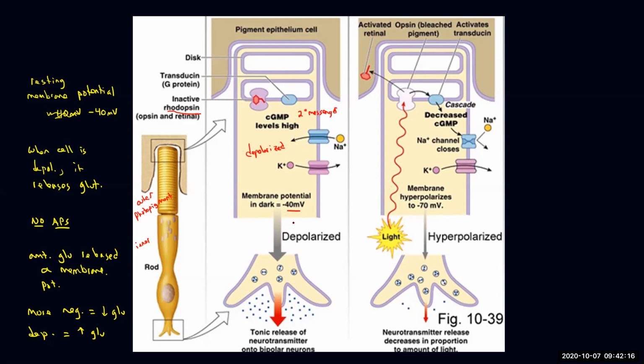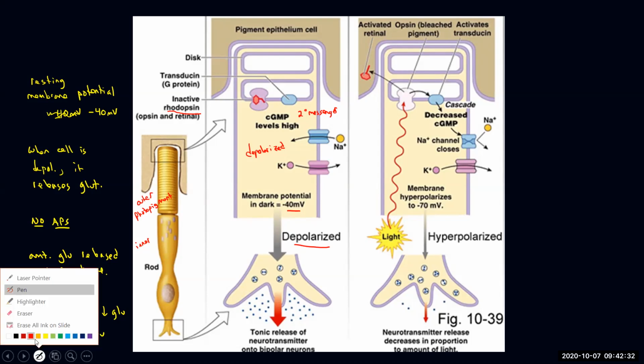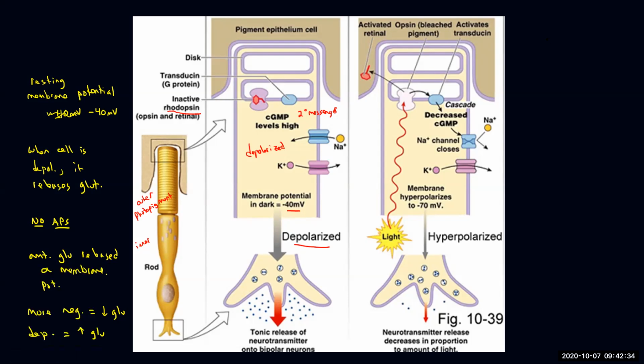Now, with this -40, that's a depolarization. That is going to cause the release of neurotransmitter. Okay, so remember, we're going to go from photoreceptor to bipolar cell to ganglion cell.